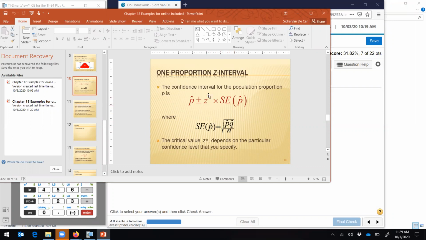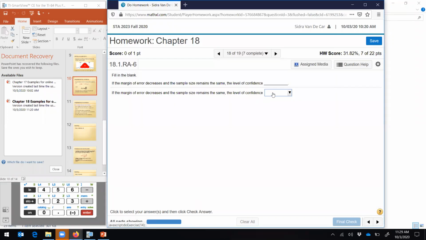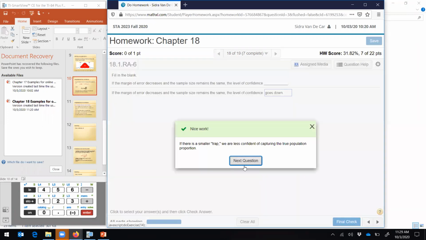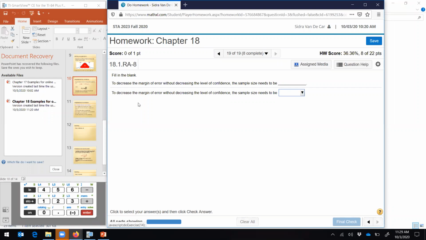So my critical value, which is related to the confidence level, drops. To decrease the margin of error without decreasing the confidence level, remember what we said, sample size gets bigger, margin of error goes down. So the sample size needs to be increased.